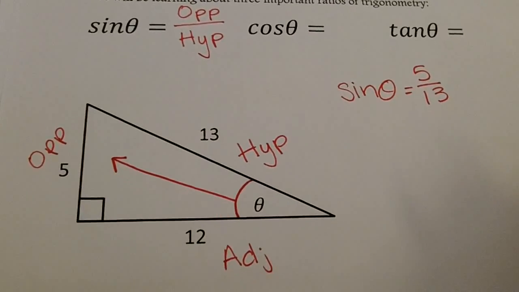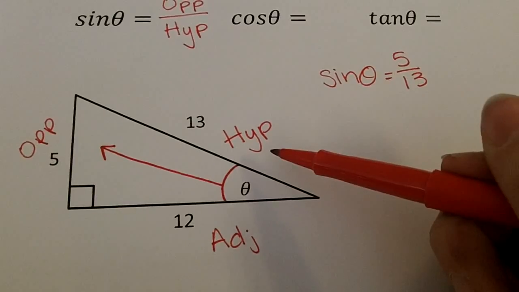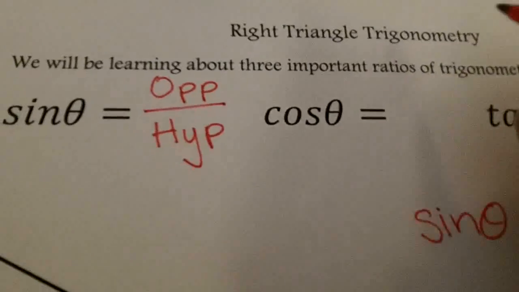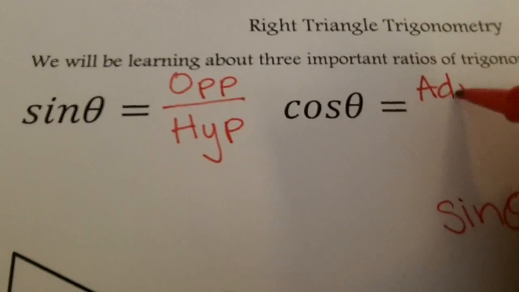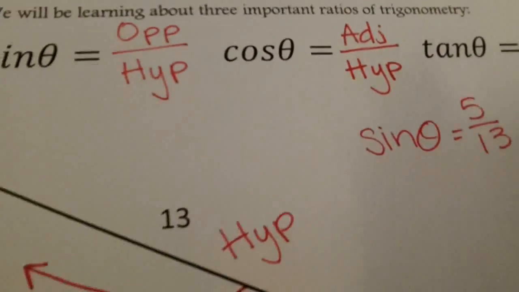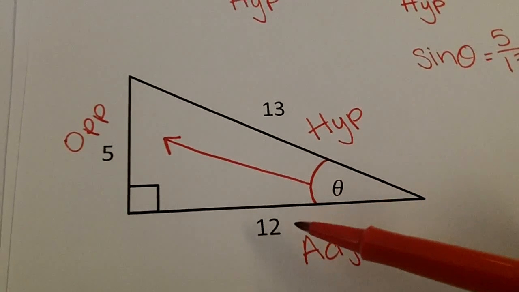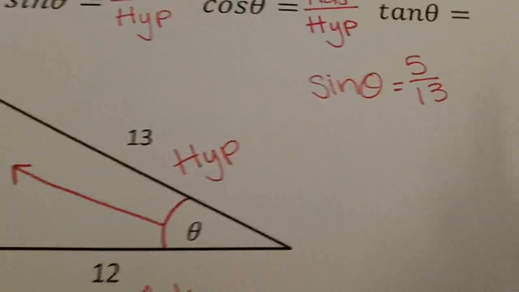The cosine of the angle is the adjacent divided by the hypotenuse. So in this triangle, the cosine of theta is 12 over 13.